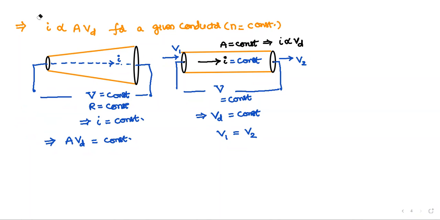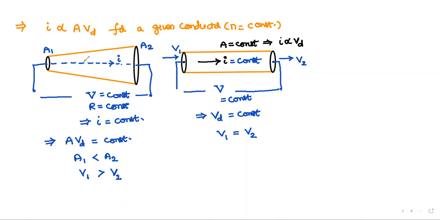Here in the diagram, if the areas of cross-section are A1 and A2, you can easily say that A1 is less than A2. So drift velocities are not the same. At the first end, the drift velocity will surely be greater than the velocity at the second cross section.